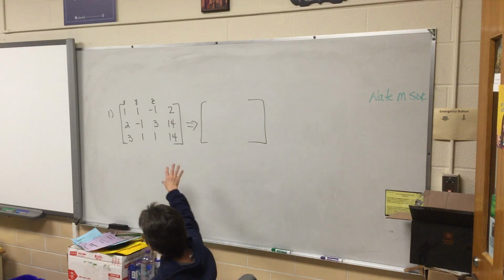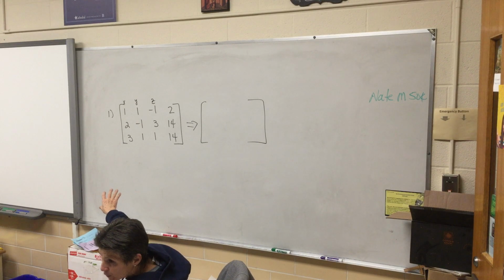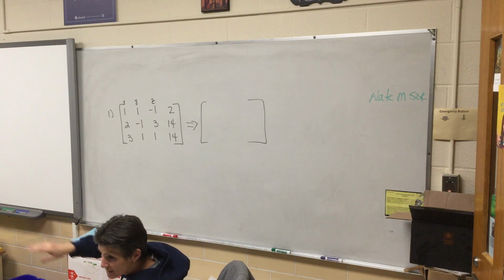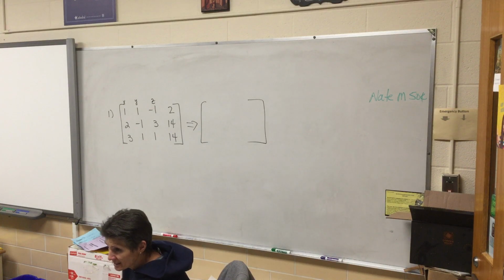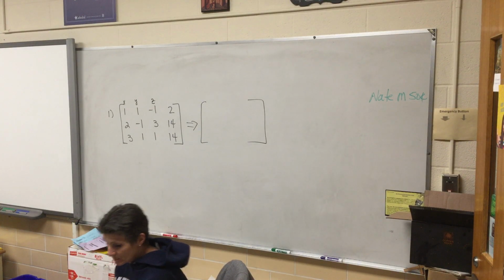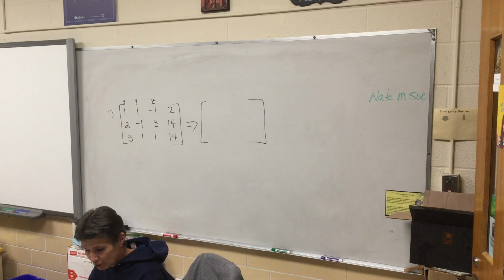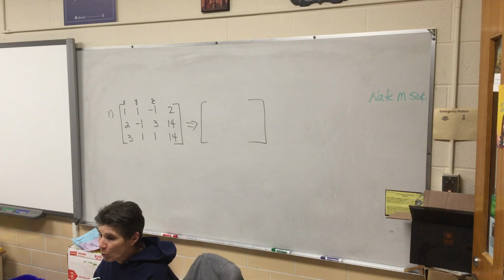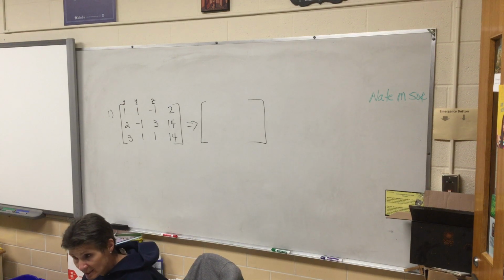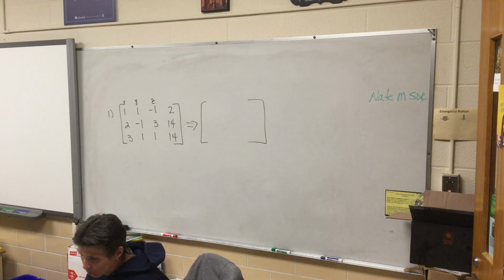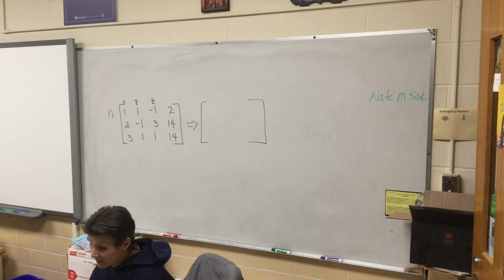What are the dimensions of this matrix that I'm going to put in? How many rows does it have? How many columns does it have? So type 3, enter, 4, enter. So what you just did was tell the calculator that matrix A, which is what the calculator named this, don't worry about that, has 3 rows and 4 columns.